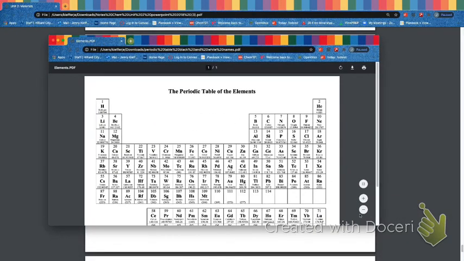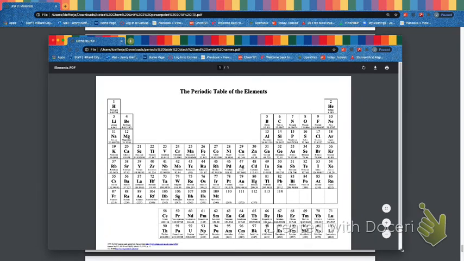Okay, so here's my periodic table again. And we've got our dividing line. So my nonmetals are these elements and these elements, and then hydrogen. Those are my nonmetals.